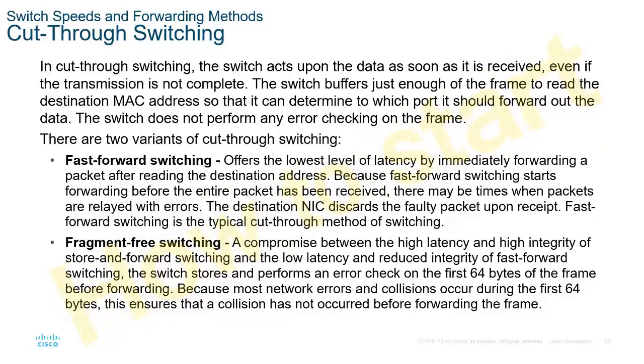Fragment-free is a compromise between the high latency and high integrity of store and forward, and it tries to focus on lower latency while reducing the integrity. What it does is look at the first 64 bytes of the frame, because typically that is where the most errors would occur. So there is some give and take.